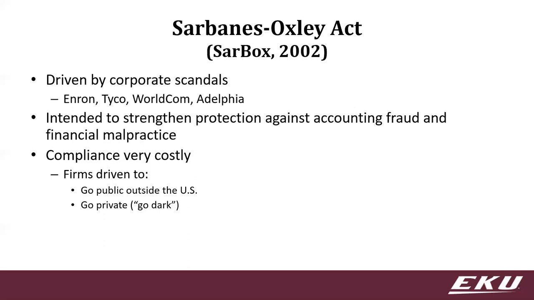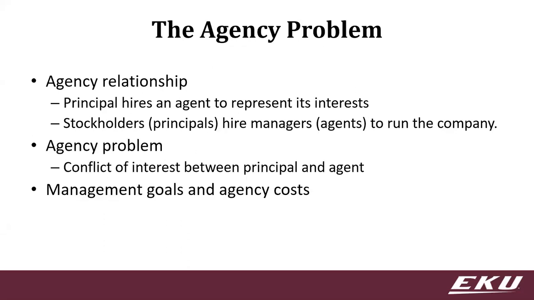Another thing that I want to make sure we touch on is the difference between the people that own an asset and the people that control an asset. We call this the agency problem. The principal is the owner of whatever it is, and the agent acts on behalf of the principal.